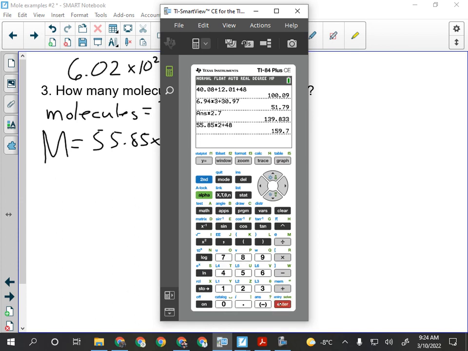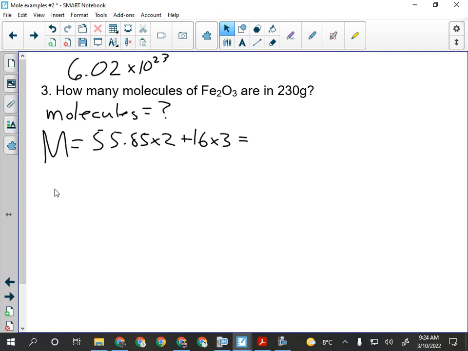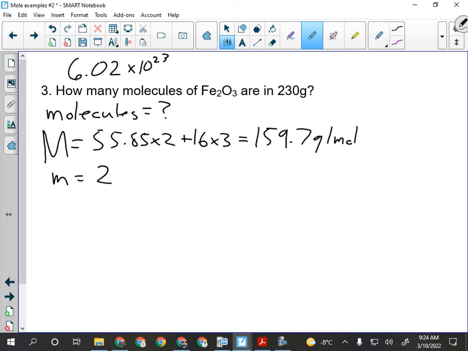So 159.7. Okay, so now we've got our molar mass. The other thing they tell us is the actual mass, 230 grams.